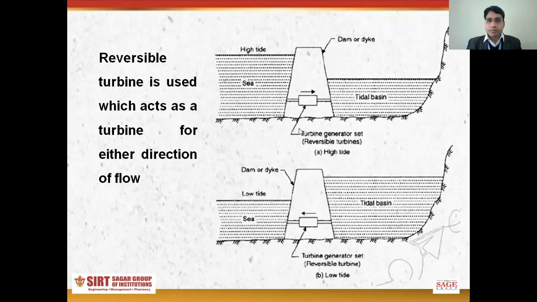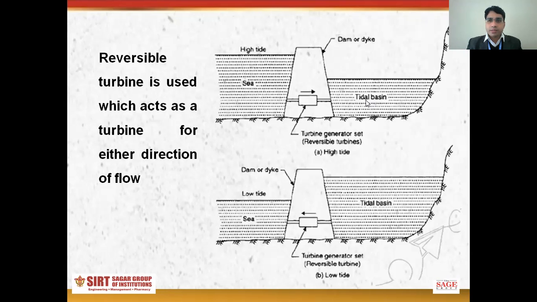This is the sea level and this is the tidal basin, or we can say a reservoir. This is the dam constructed, and this is the whole turbine generator assembly. When the water comes from the sea and flows through the turbine generator assembly, electricity is produced, and the water flows into the tidal basin.